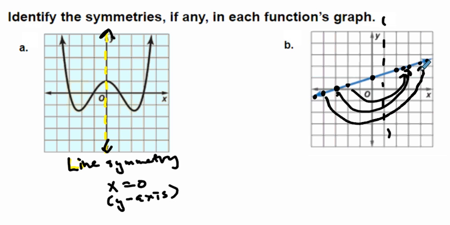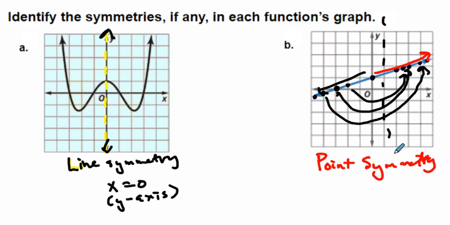And so hopefully you can see that every point on this side right here is going to map over on this side after 180 degrees. So this does have line symmetry, or not line symmetry, my bad. This has point symmetry. Okay, so that's your point symmetry, and it has point symmetry about every point.